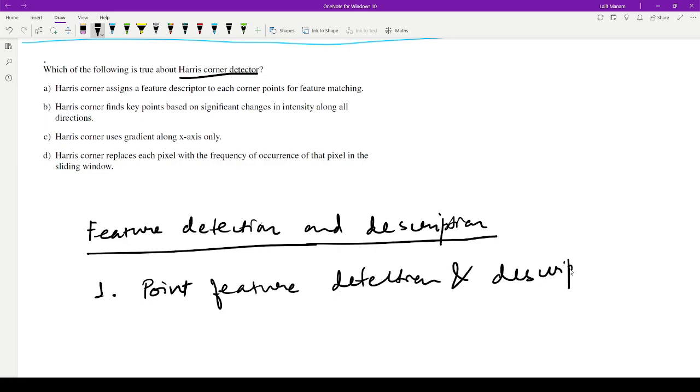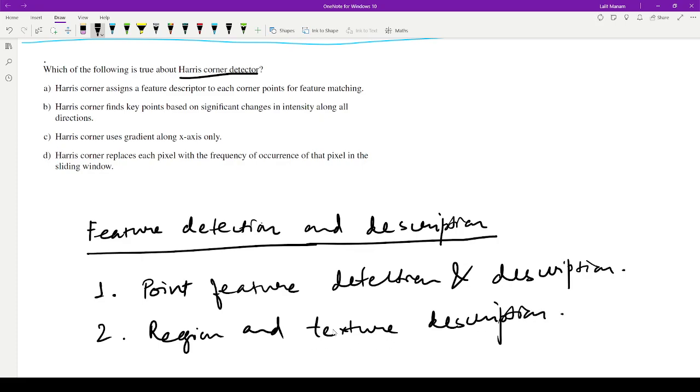The next one. We did something called region and texture description, if you remember.